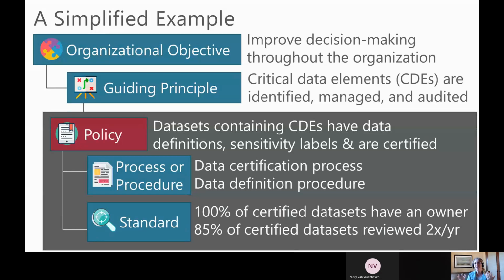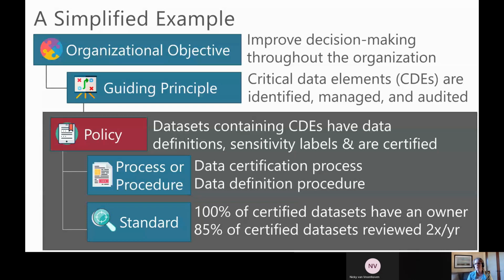And then lastly, our standards. I'm presenting it this way because it's standard lingo in the data governance world, right? But really this is just our measurable metrics. We always want to be able to figure out, are we being effective and successful, especially if we need to get funding every year for this program.